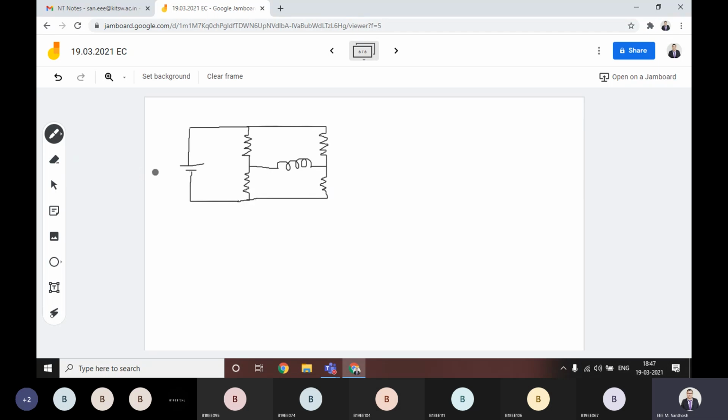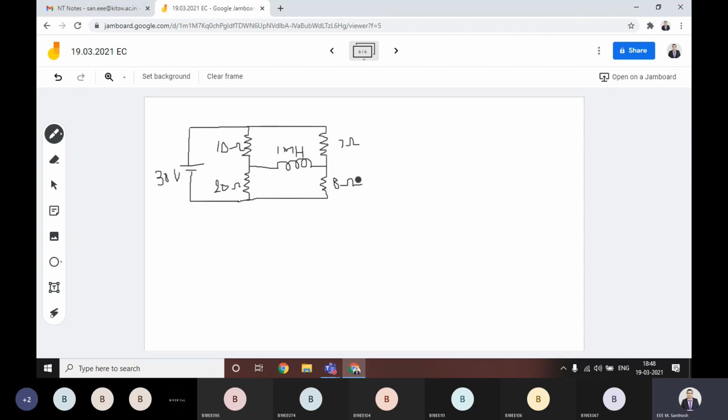Okay, this is 30 volts and this one is 10 ohm and this is 20 ohm. This is 1 millihenry and this is 7 ohm and this one is 8 ohm.